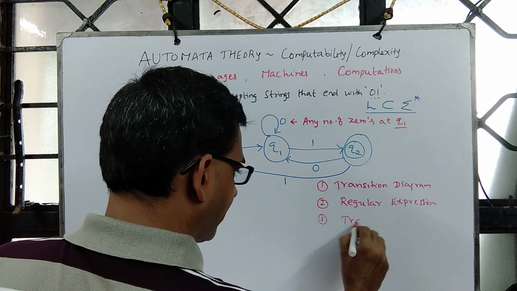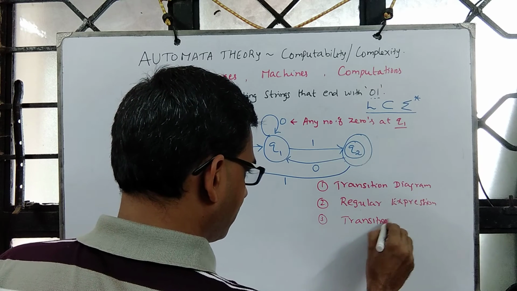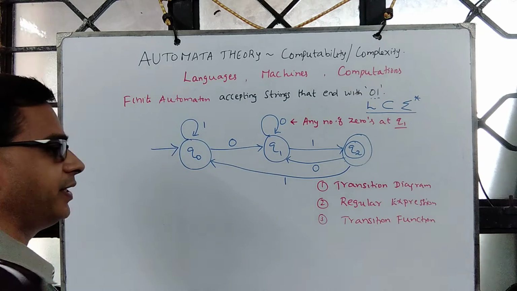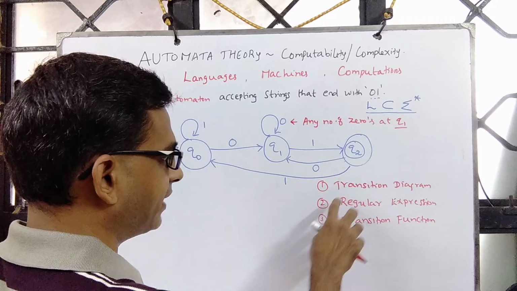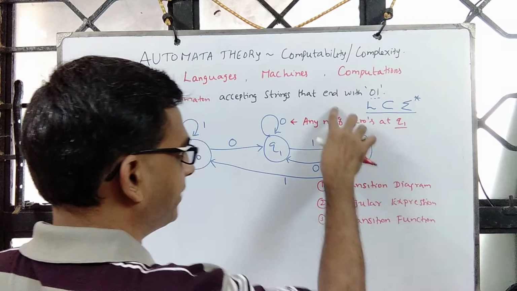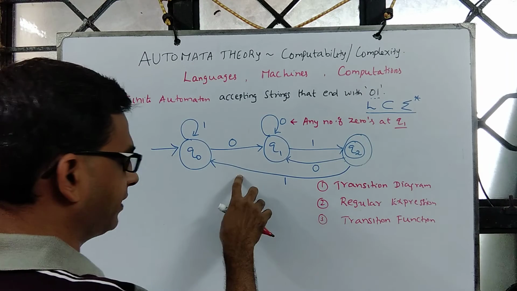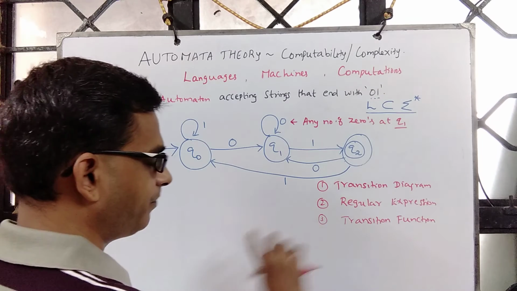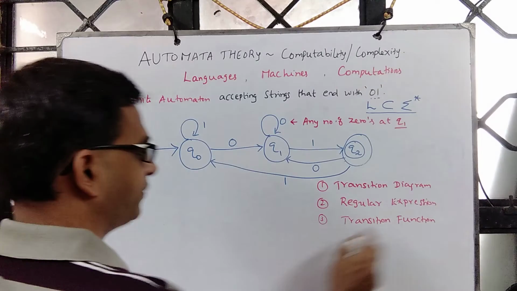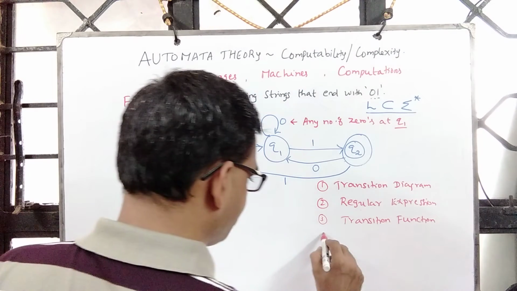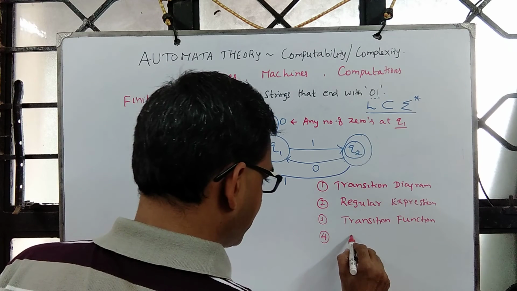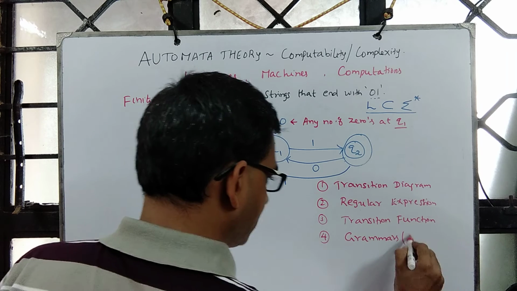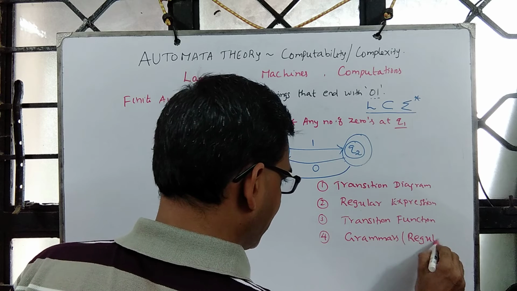There is something called a transition function that also describes the finite automaton. Either you can describe the finite automaton accepting this using a transition diagram like this, or a regular expression (0+1)* followed by 0 1, or a transition function which we can get from this, or we can describe it using grammars, and for this we discover something called regular grammar.